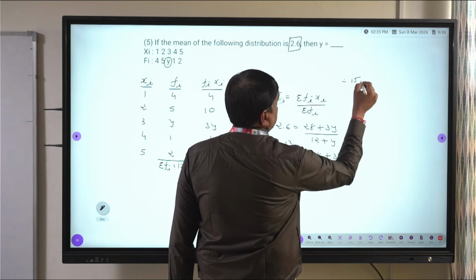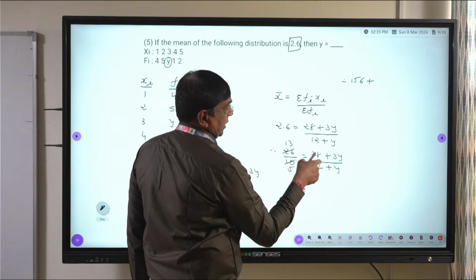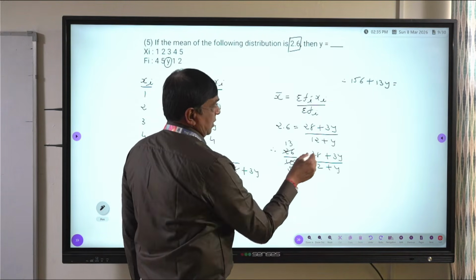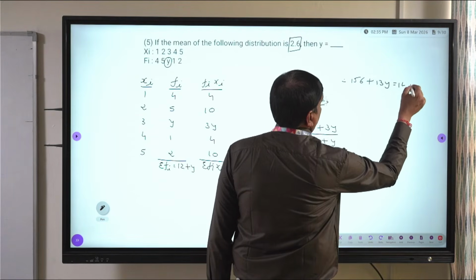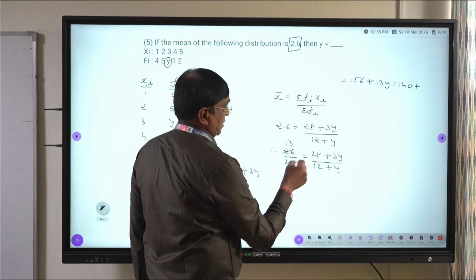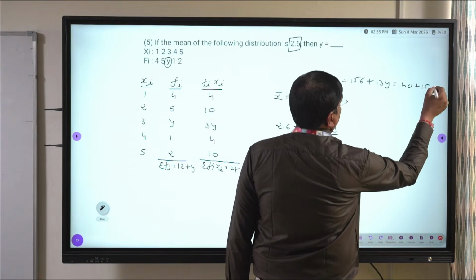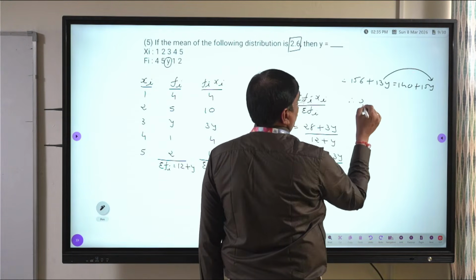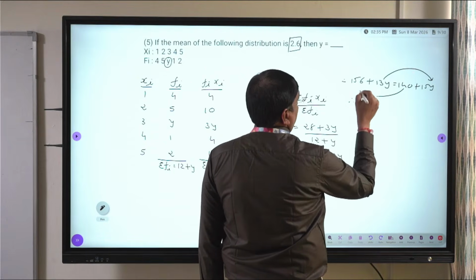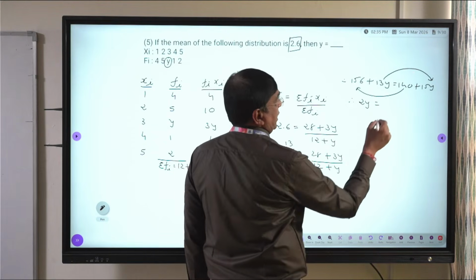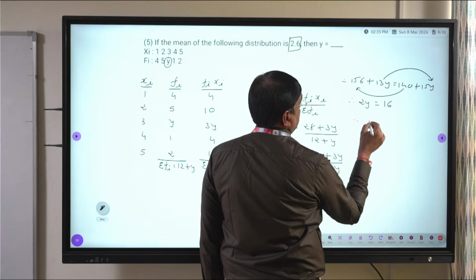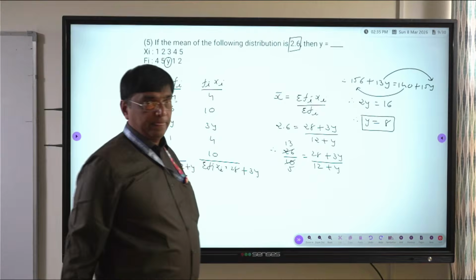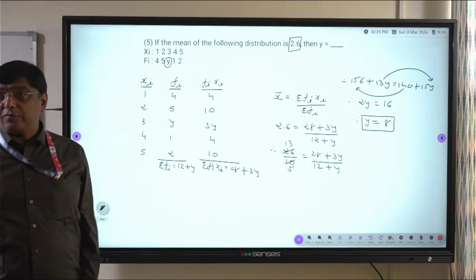So 156 plus 13 into y is 13y equals 28 5s are 140 plus 5 3s are 15y. 15y minus 13y, that is 2y. 156 minus 140 gives 16. And so missing frequency is 8. That is the value of y, is the missing frequency.